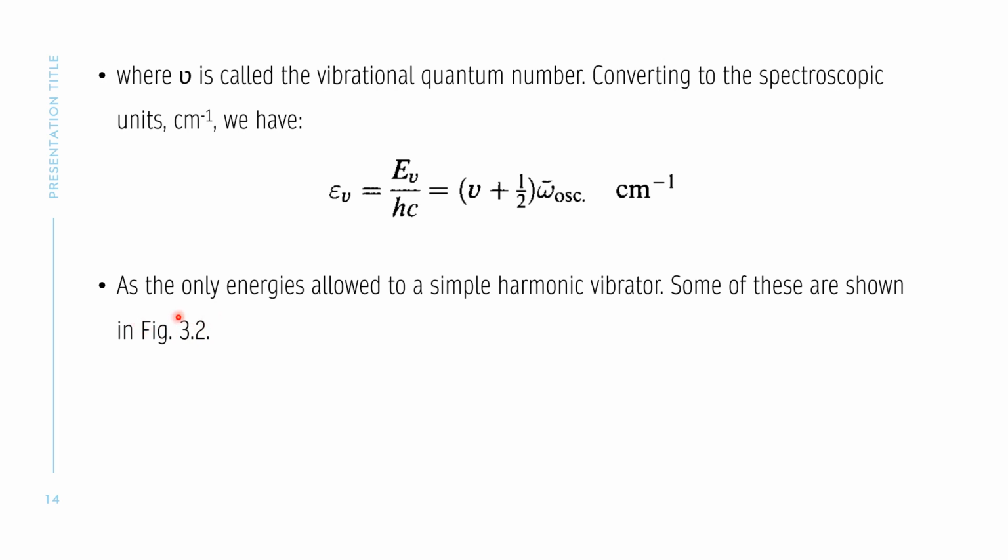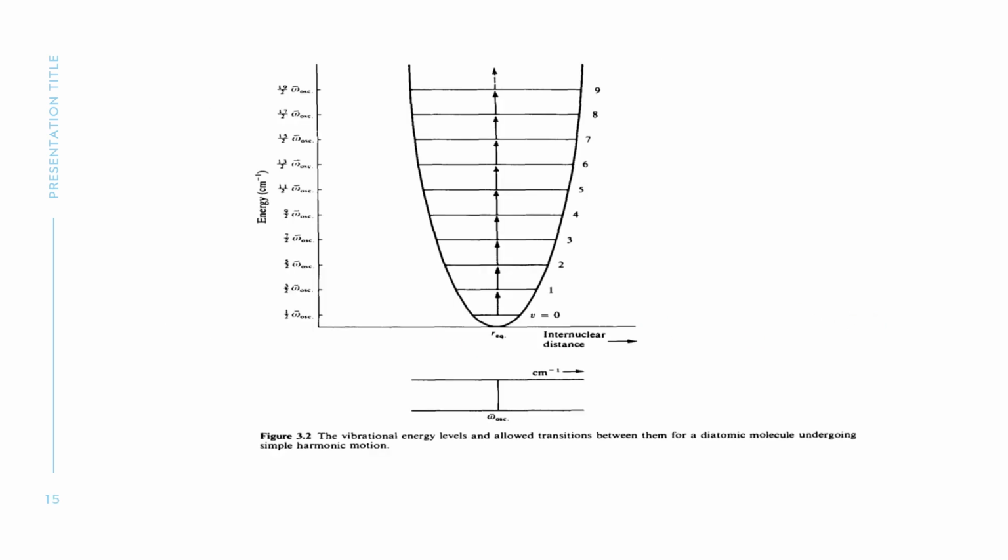These are the only energies allowed to a simple harmonic vibrator, and some of these are shown in figure 3.2. You can see in the plot that if we put V is equal to 0 in our previous equation, we get a value equal to 1 over 2 omega bar OSC.